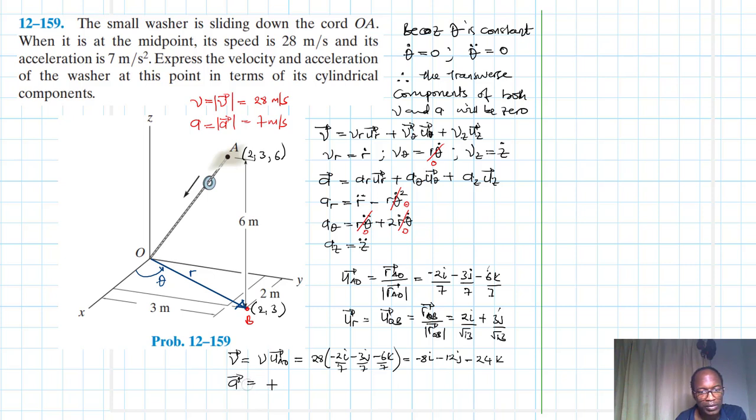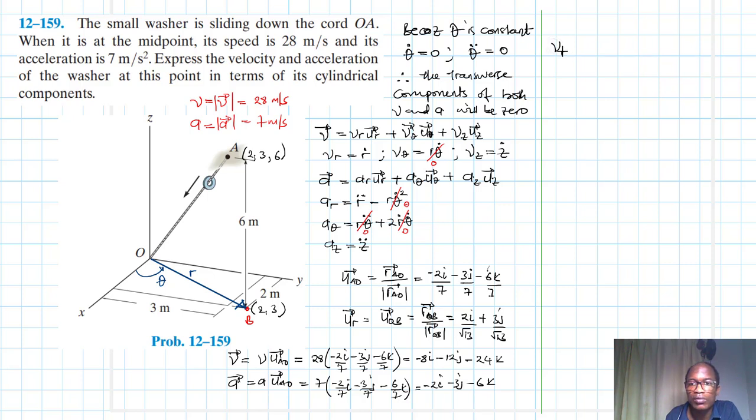And acceleration is a times UAO. We have 7 times minus 2 over 7 i, minus 3 over 7 j, and minus 6 over 7 k. Then this just becomes minus 2i, minus 3j, and minus 6k.